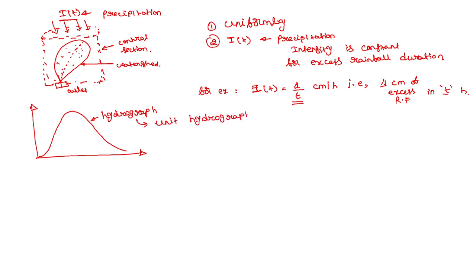There is a textbook definition also, but that won't give the actual essence, so I'm making it simpler. Imagine there is a uniform intensity of rainfall falling on the watershed uniformly throughout this excess rainfall duration T. That will result in a direct runoff hydrograph, that is nothing but a unit hydrograph.